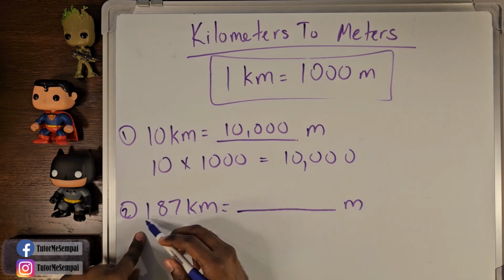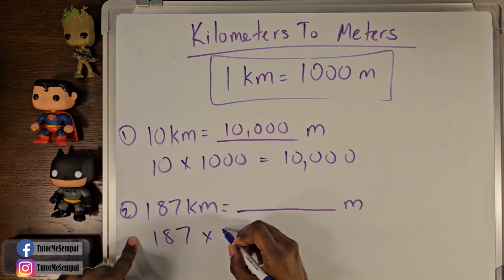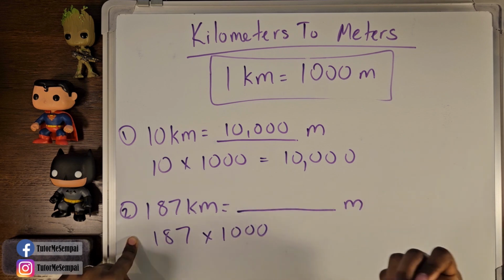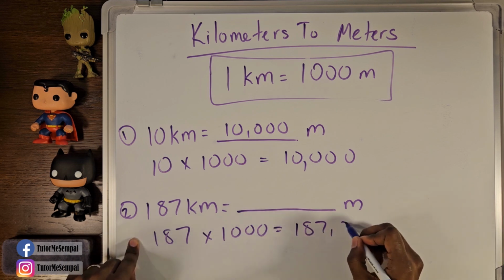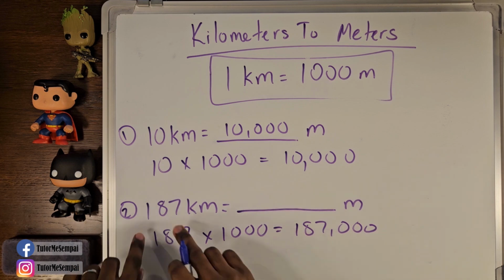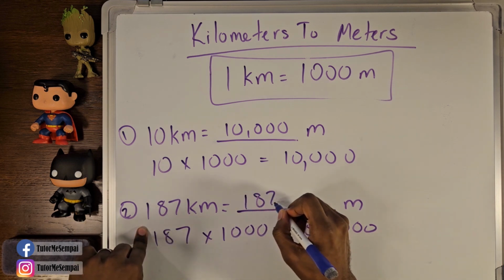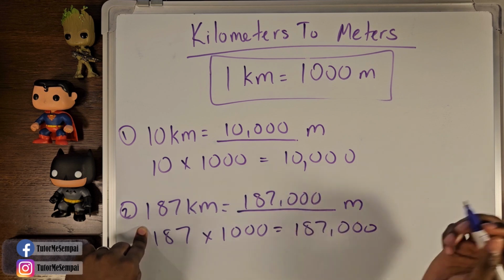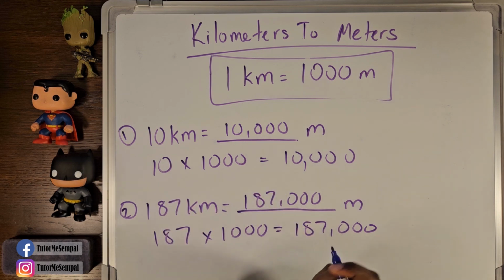So if we have 187 of those kilometers, we're going to multiply it by the same 1,000. And when we do that, we get the final result of 187,000. So when we have 187 kilometers, we actually have 187,000 meters.